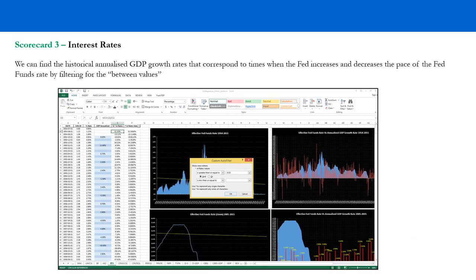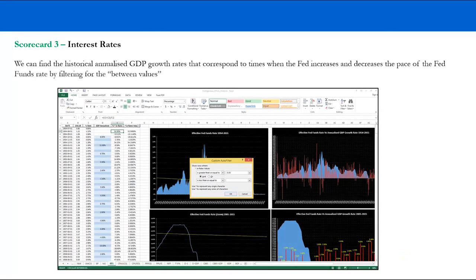And we do this by filtering the data for between values. So we find the historical annualized GDP growth rates that correspond to times when the Fed increases and decreases the pace of the Fed funds rate by filtering for between values. And we basically isolate the correlation.